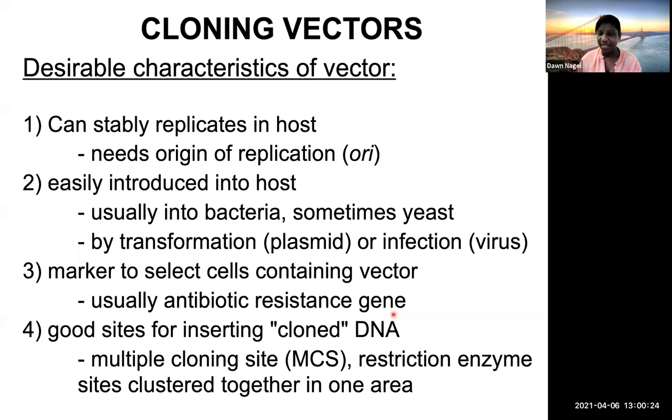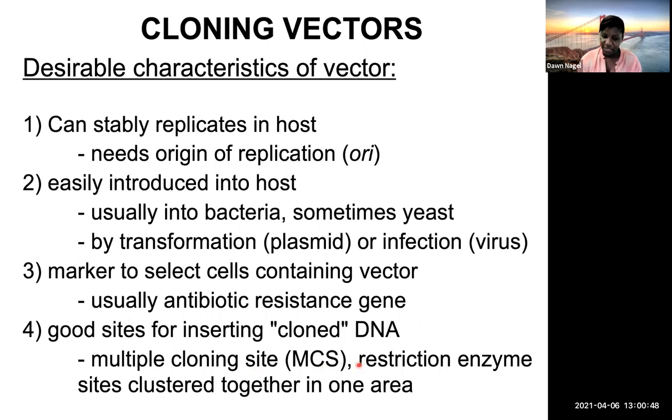You also need a place to put your DNA, right? Do you randomly put your DNA anywhere on this vector, or where do you put your piece of DNA that you want to clone, right? And so you need to have special sites on those vectors where you can actually clone your DNA. And these sites are usually referred to as a multiple cloning site, or MCS.